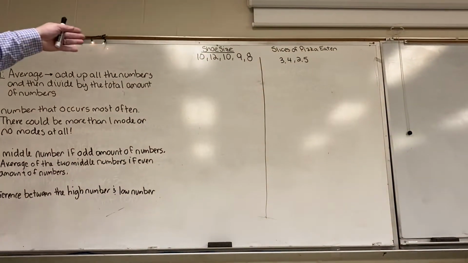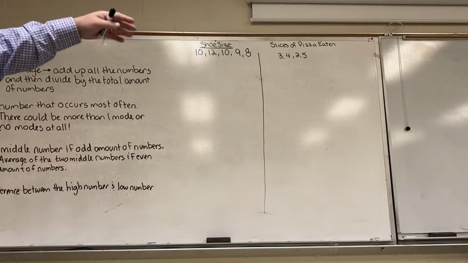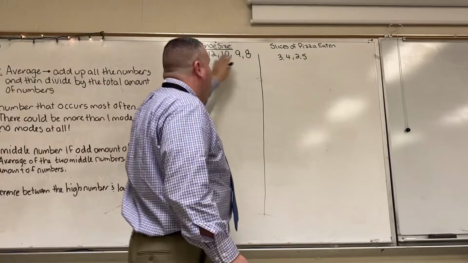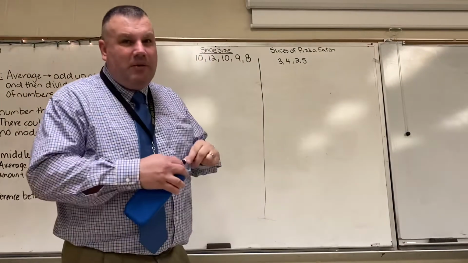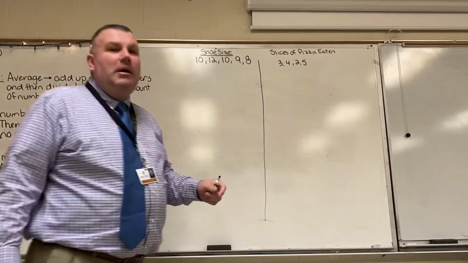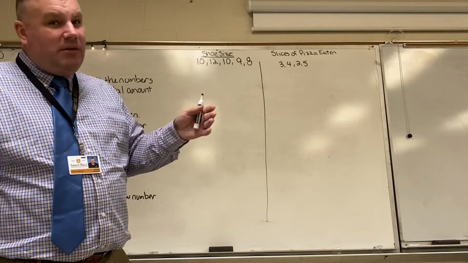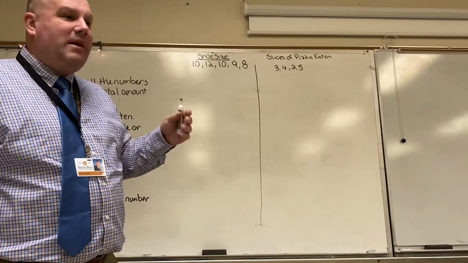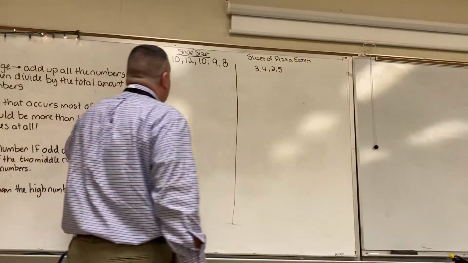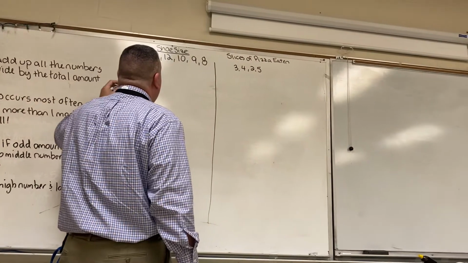The first thing that I'm going to do for both of these sets of numbers, notice I have an odd amount of numbers and an even amount of numbers, is write them from low to high. You can go high to low or low to high as long as you write them in some sort of order. So I'm going to go low to high.